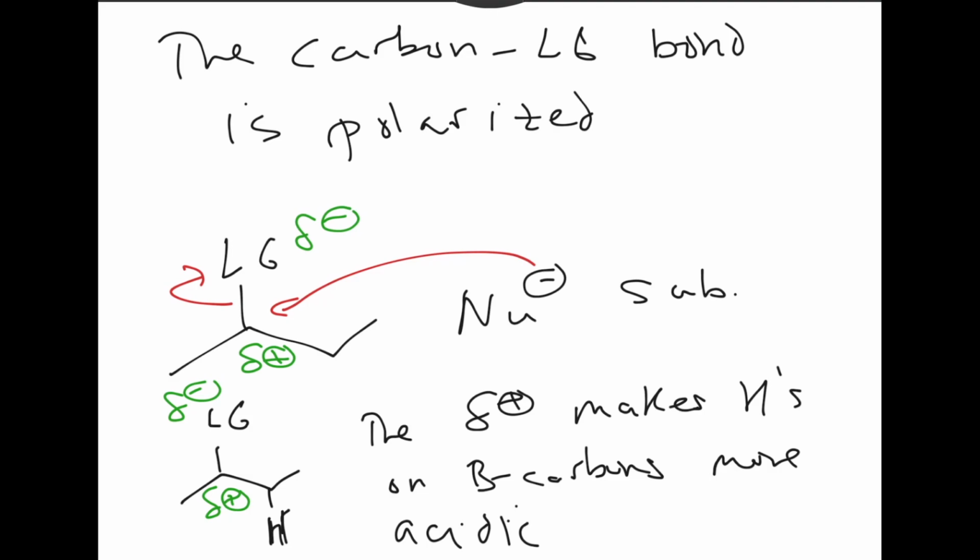So again, having that partial positive charge allows your base to be able to react. If that partial positive wasn't there, the base wouldn't be able to remove the hydrogen. So having that partial positive charge helps both your substitution and your elimination reactions occur.